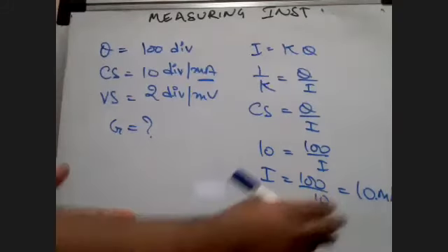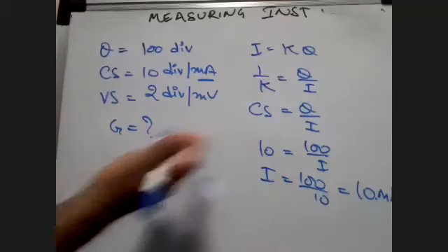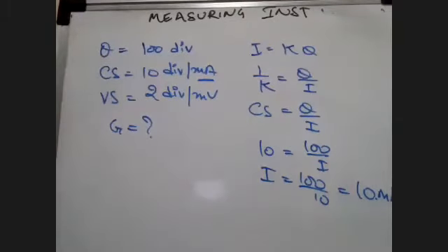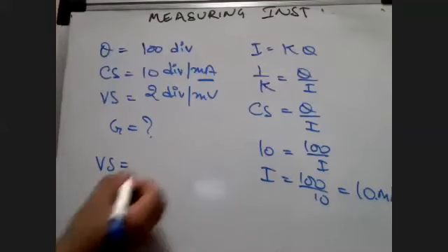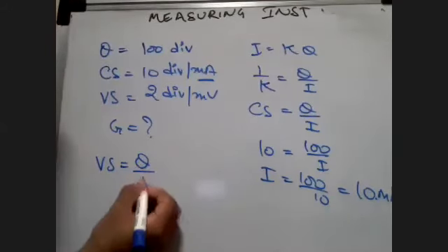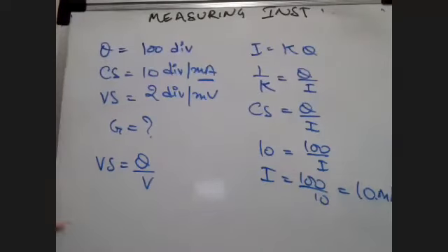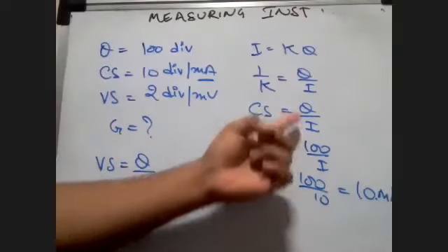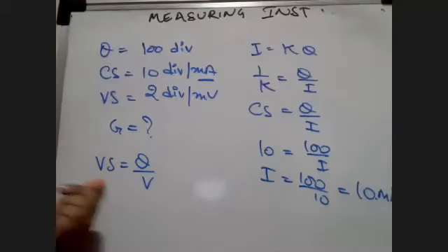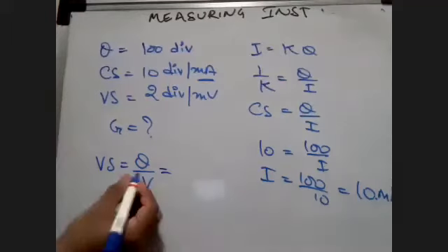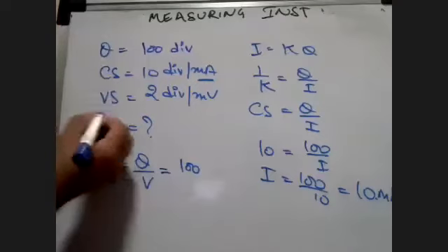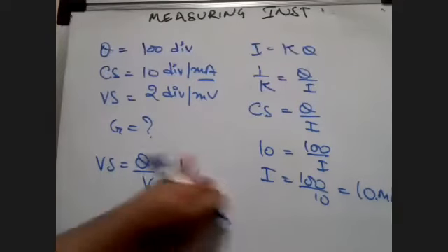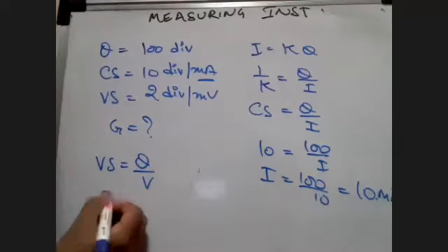So if current is 10 milliamperes, in the same way, using this same principle, can I say that the voltage sensitivity will be the deflection per unit voltage? Current sensitivity is equal to deflection per unit current. Similarly, voltage sensitivity also will be in the same principle. So theta is given as 100 and voltage sensitivity is given as 2.